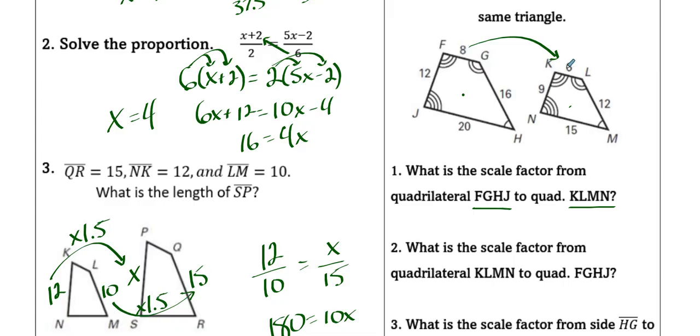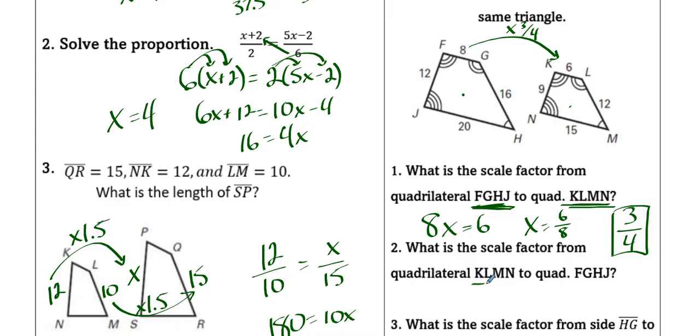We want to think about what we're multiplying by. 8 times something to give us 6. We would solve that, divide by that 8. It's 6 over 8 or 3 over 4. So our scale factor here would be 3/4. The scale factor is whatever we multiply by to get to the new figure. So it's going from this one to that one, that direction. That means we're multiplying by 3/4. It's got to be a number smaller than 1.